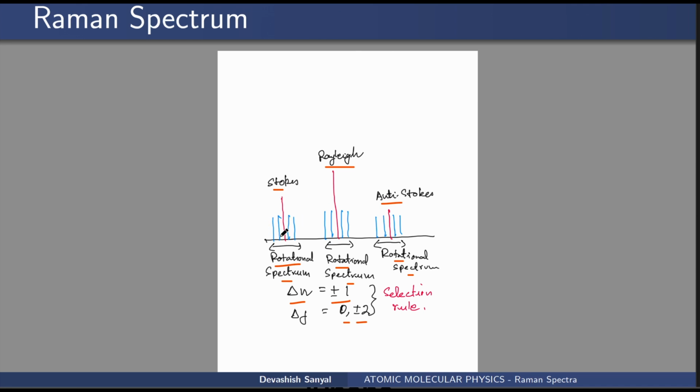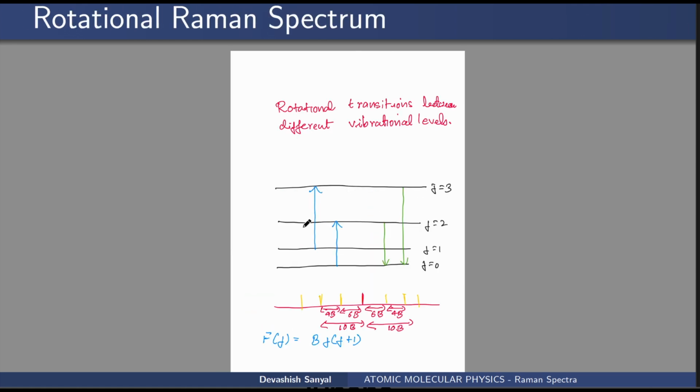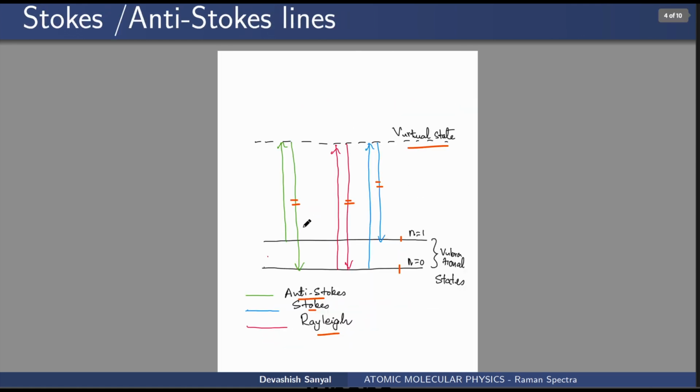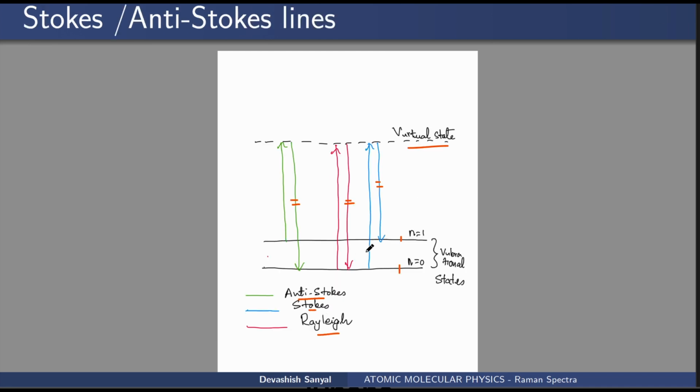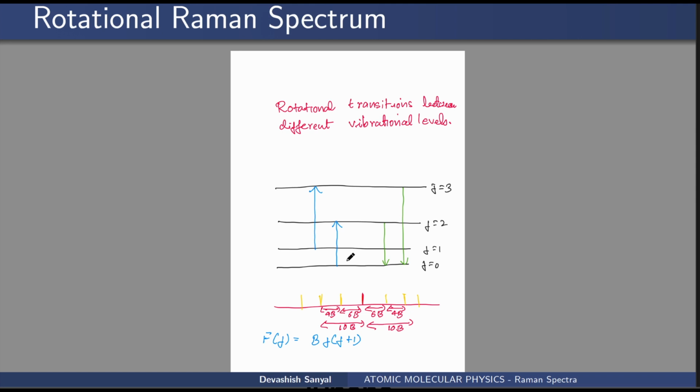And then associated with it, we have the even finer lines linked to the rotational spectrum. So how does it happen? Suppose we are here. These are the rotational levels, J is equal to 0, 1, 2.